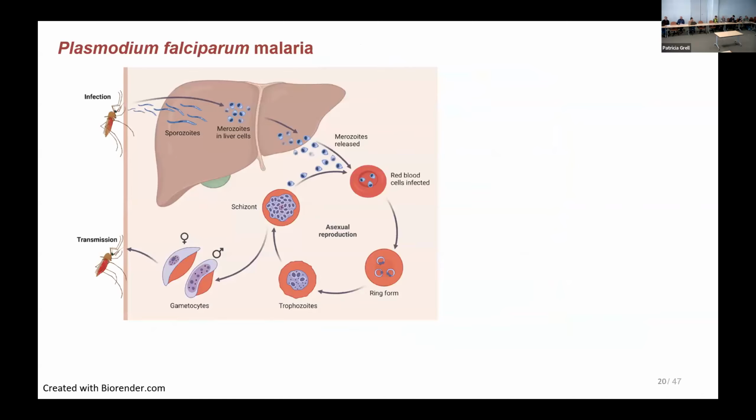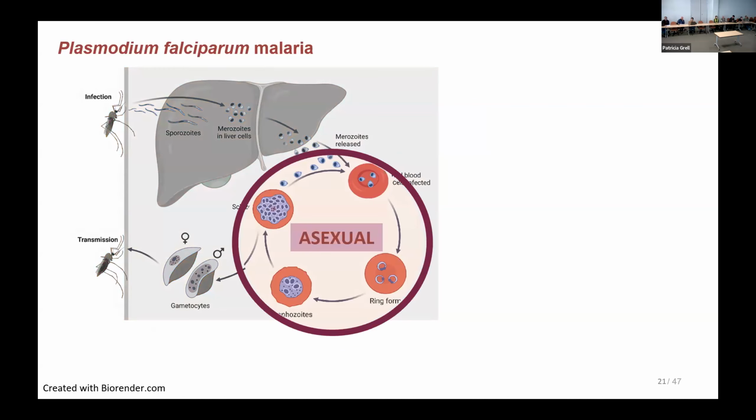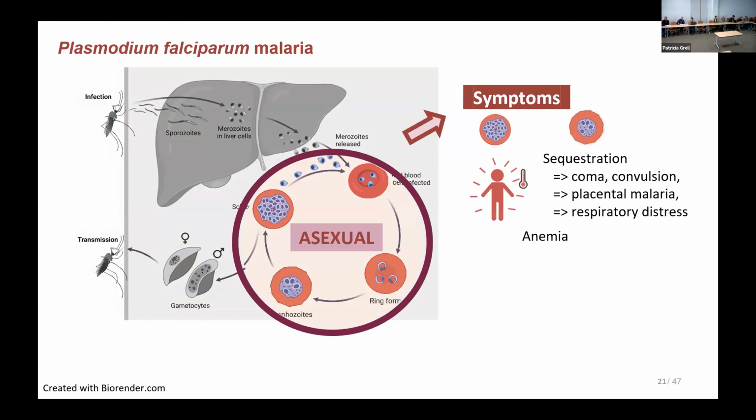So malaria is a parasite transmitted by the female Anopheles mosquito, and infectious bites lead to the release of sporozoites that reach the host liver. Then the parasite moves to the bloodstream, within the erythrocytes, the red blood cells, in what is called asexual reproduction. Within that part of the cycle, there are two very specific stages of the parasite that interest us.